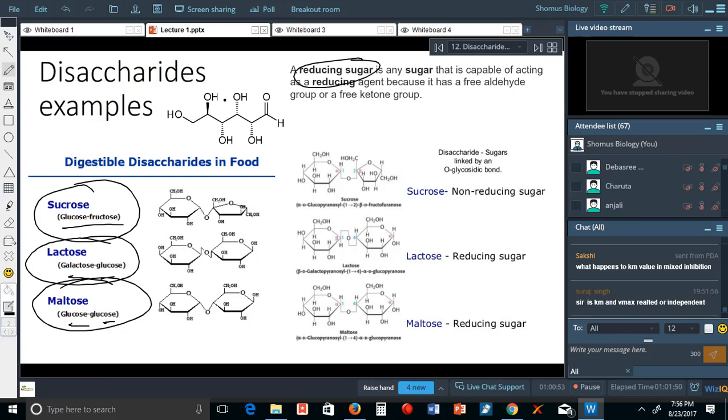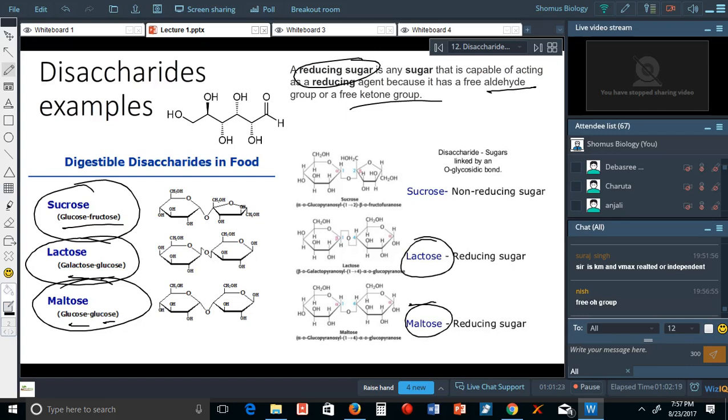Another term that you also need to know is a reducing sugar. What is known as a reducing sugar? Any sugar that is capable of acting as a reducing agent because it has either a free aldehyde group or a free ketone group is known as a reducing sugar. It's easy to identify for a monosaccharide, which is only a single unit of sugar. But for disaccharides, you sometimes need to remember which are reducing and non-reducing.